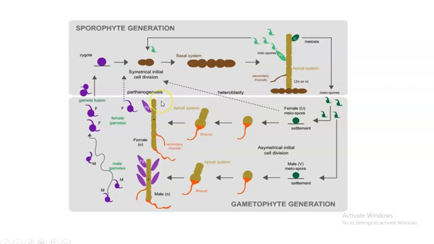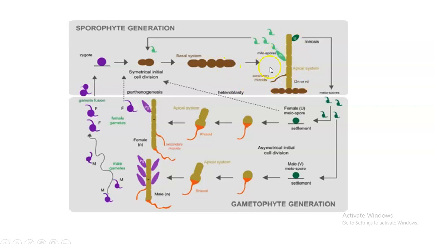This is another kind of figure, because different textbooks and different online sources depict it differently. You can see that it was a zygote. Okay, the zygote got germinated into a germ tube, finally forming this sporophytic generation, created after the sexual reproduction.